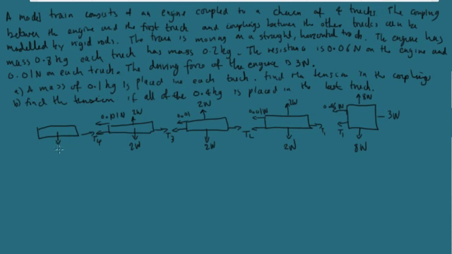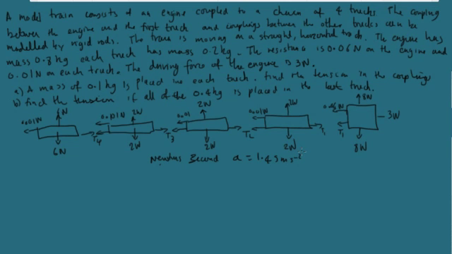If you work out the overall system, the overall mass hasn't changed. So from Newton's second law, we would still calculate that A is 1.45 meters per second squared.